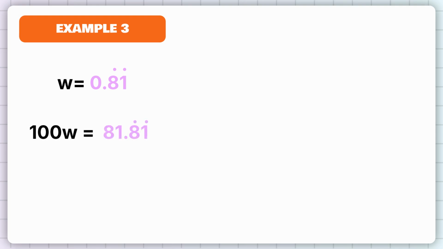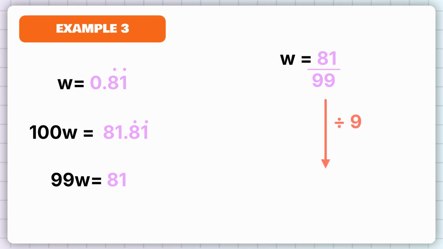Next, subtract the original equation from this new equation, leaving us with 99w equals 81. Now we can solve for w by dividing both sides by 99. Simplify the fraction by dividing both numerator and denominator by their greatest common divisor, which in this case is 9. This leaves us with 9 over 11. Make sure to keep practicing this technique and using the notation until you feel confident.